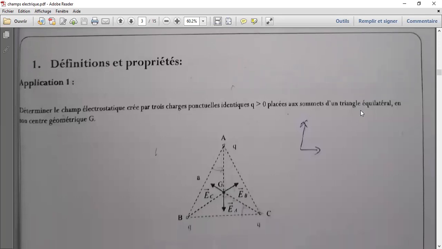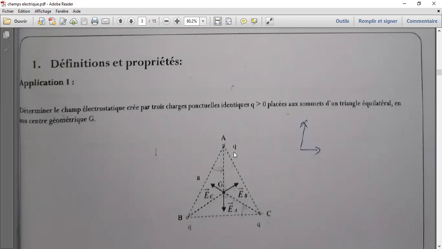Application 1 says, déterminer le champ électrostatique créé par 3 charges ponctuelles identiques Q supérieur à 0 placées au sommet du triangle équilatéral en son centre géométrique G. So here they're saying determine the champ électrostatique which is created by 3 identical charges.